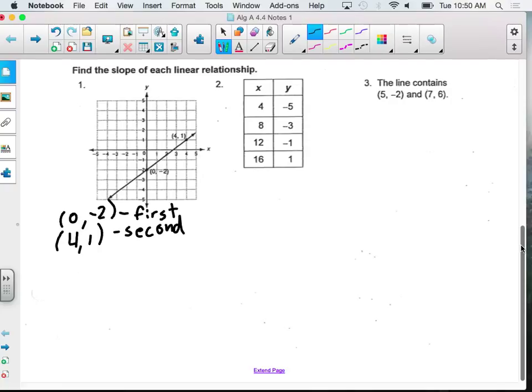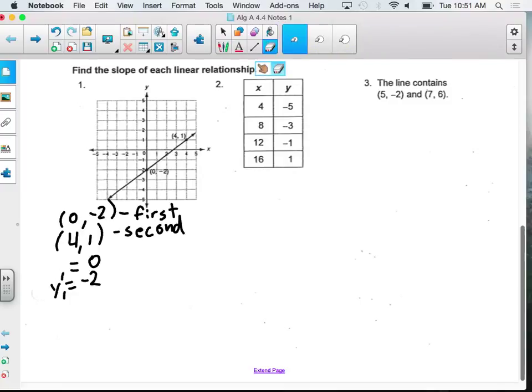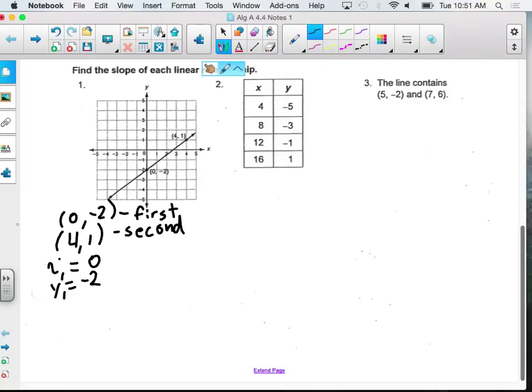So, after that, we have our first and second. So what do we say is our x sub 1 and y sub 1? X sub 1 is 0, and what's our y sub 1? Negative 2. Because it's the first one.